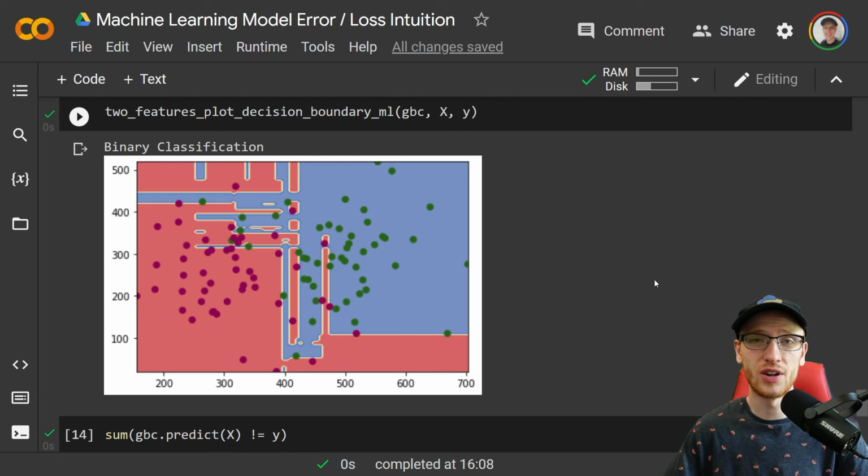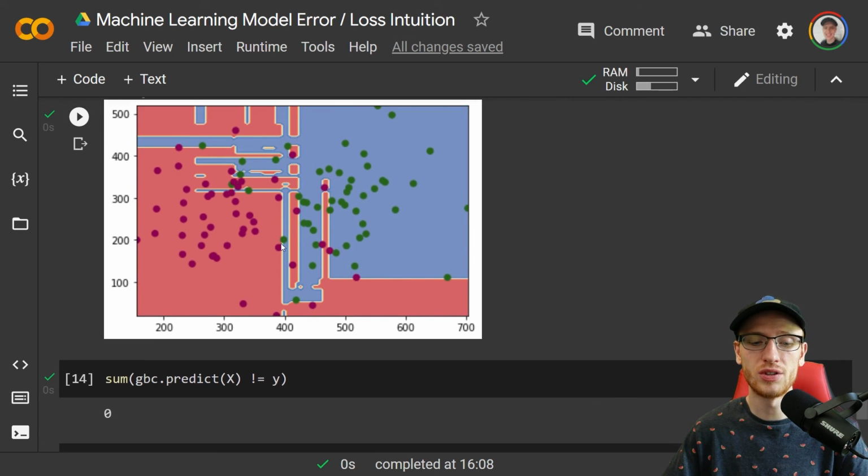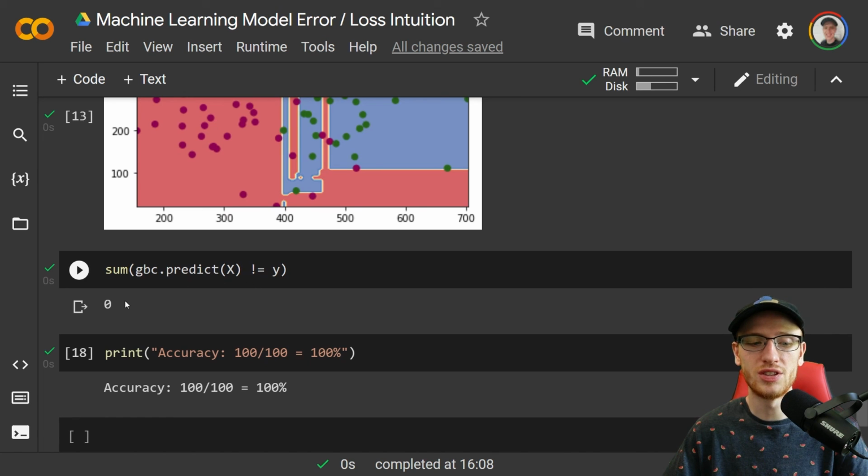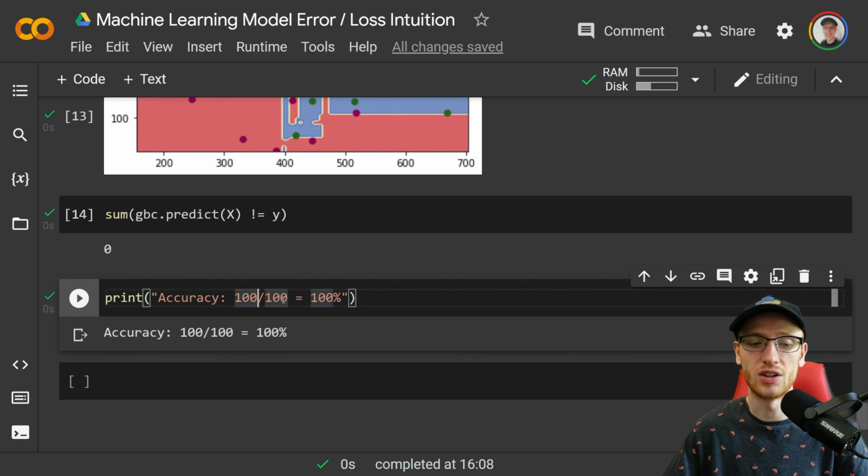Now, since these are very hard to draw, the computer might actually look a little bit different than it truly is. But if we were to count its errors, we would see that the model gets 0 errors. And so this model has what we'd call a perfect accuracy. All 100 of them it got correct, and so it got 100% of them right.